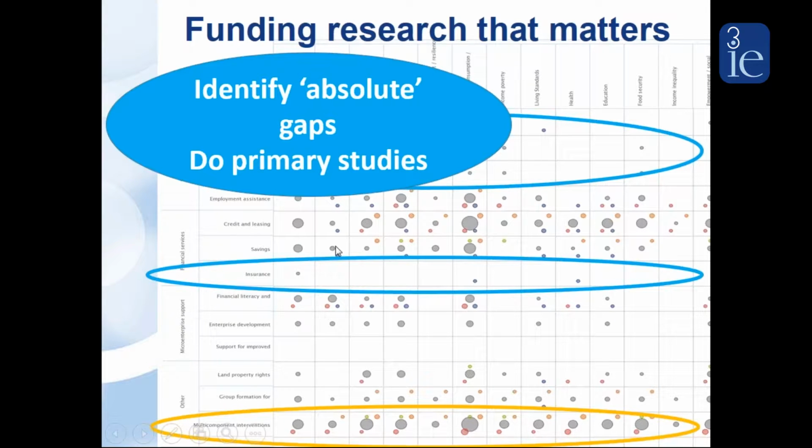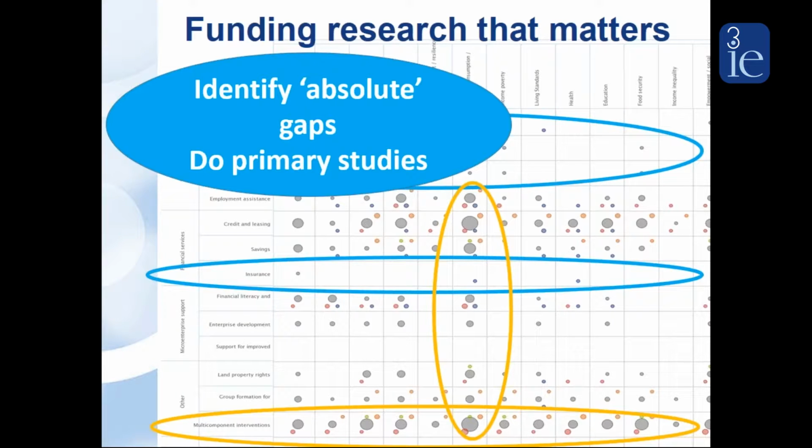So for multi-component interventions and also for consumption outcomes, we see that there are several cells where the grey bubble is fairly large, but there are no green bubbles. So that means that there are areas where there are quite a lot of primary studies, but no high-quality systematic review.